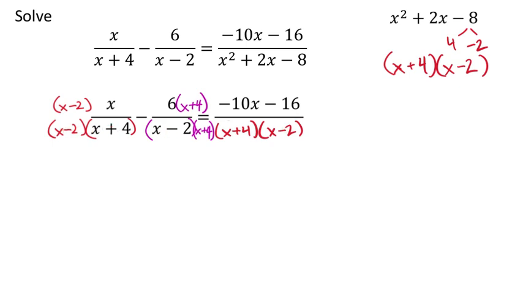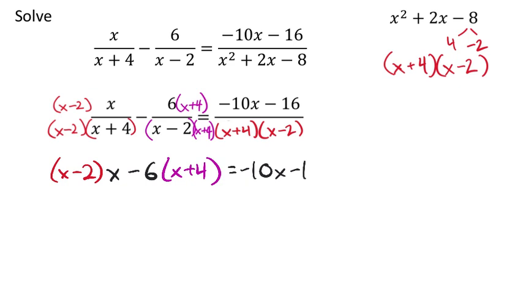That allows me to rewrite this without any of the denominators. So it's now x minus 2 times the x, minus the 6 times the x plus 4. And this would equal negative 10x minus 16.